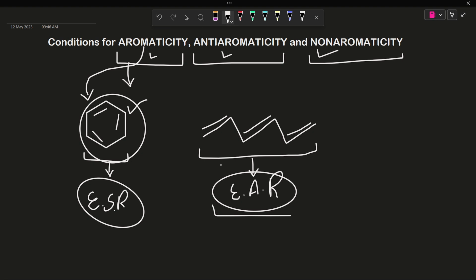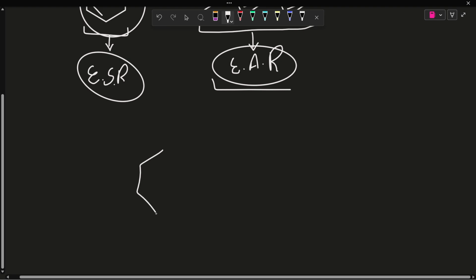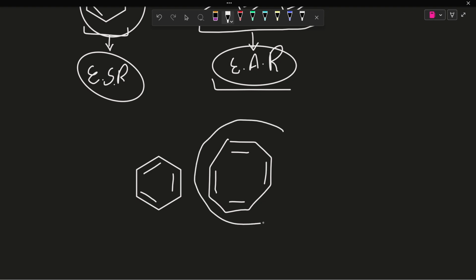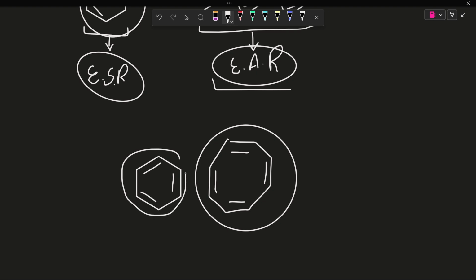In the same way, if we see this compound, this is benzene, it is resonance stabilized. But if we see this compound, it's also resonance stabilized. But this compound is highly unstable, while this one is stable.